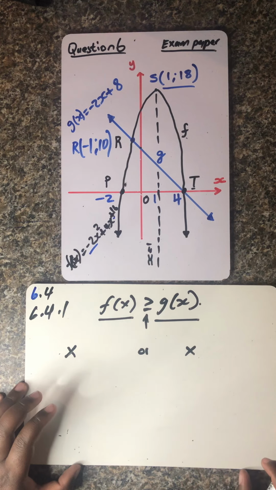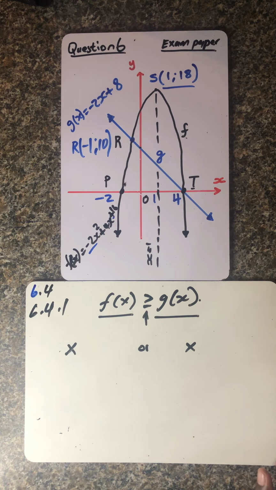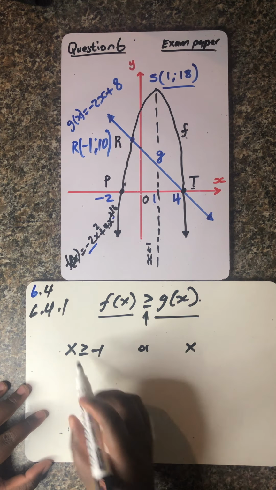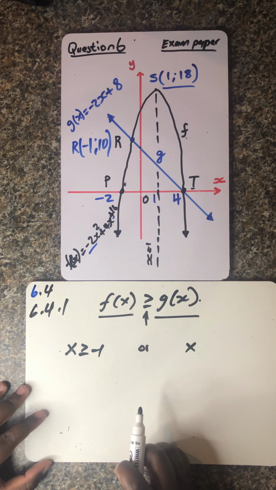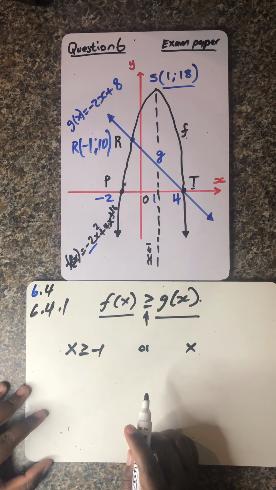I think for this one, ladies and gentlemen, there are things that I'm thinking in my mind of which I know very well that I haven't taught you this stuff and you won't easily understand. But where x is greater or equals to -1, that's where you should have this graph greater or equals to g.